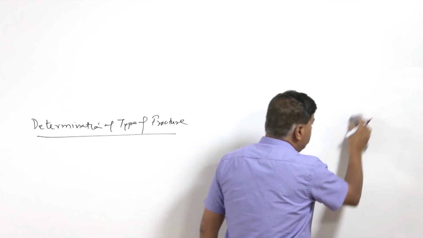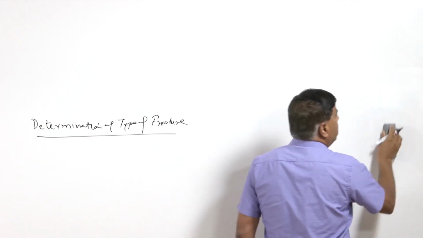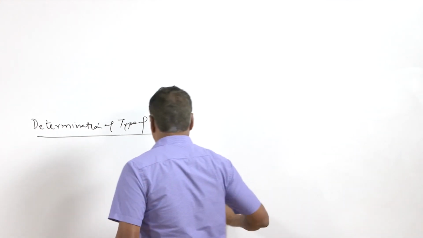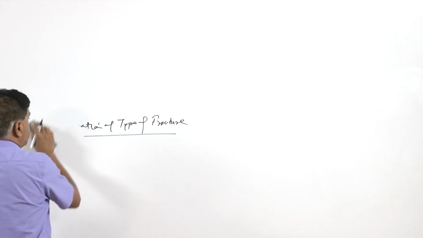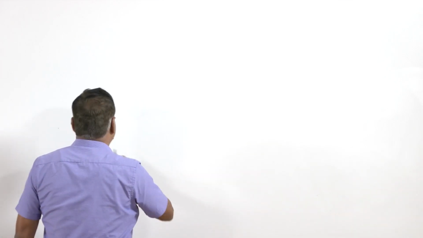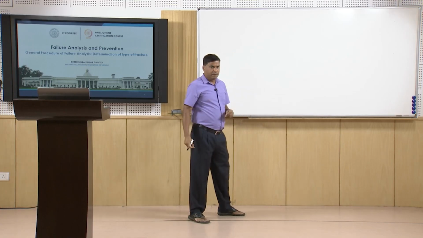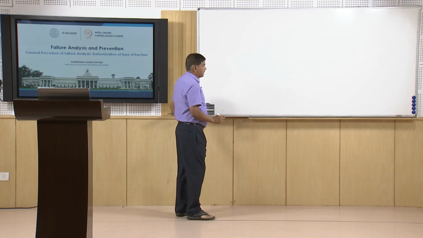Now we will elaborate on what the unique issues and features are which are used to interpret the type of the fracture which has taken place, or which can be used to determine the type of the fracture in a given situation.